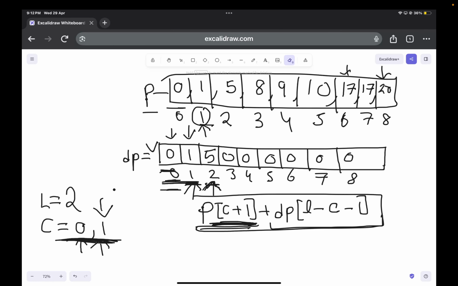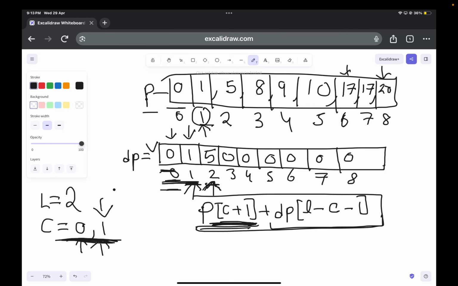So I can do one thing. Can we change the formula? See, because the length is given, but if you cut 1, my index is 1. My price for cutting 1 is in the second index. That is the problem. Second index means here it is present.